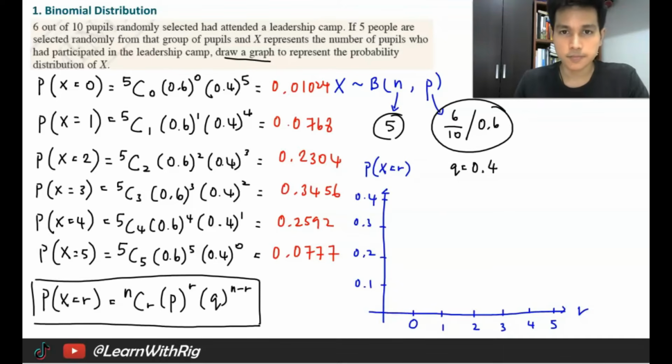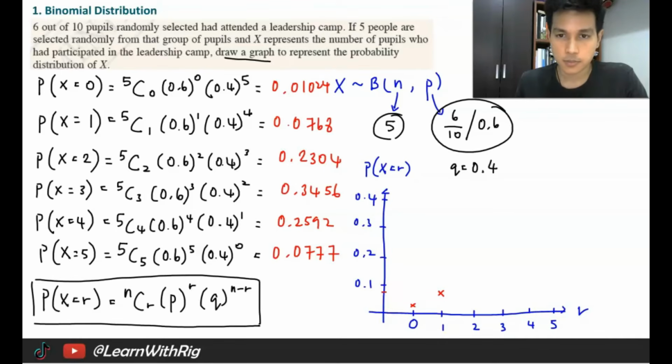So the first one here, 0.01. When x equals 0, probability is 0.01. So 0.01 should be somewhere here. This is 0.01, which means it should be lower, but somewhere here. The second point is 0.07, so it's slightly higher. All these are just my rough estimate. When you draw on your graph, you can use the actual calculation.